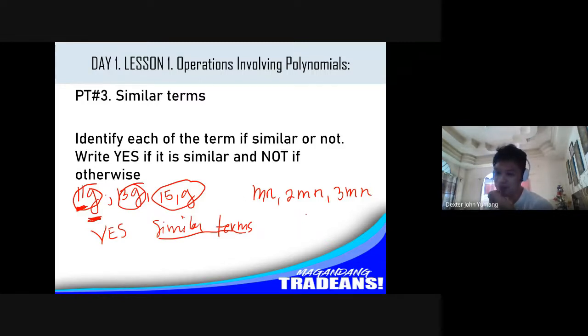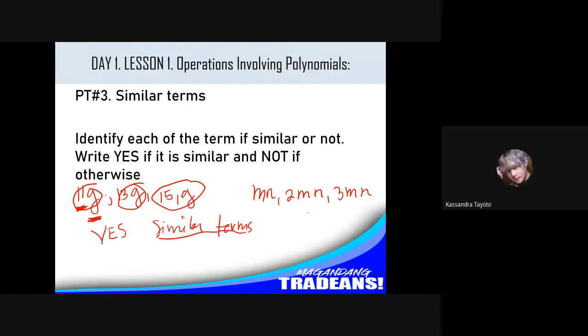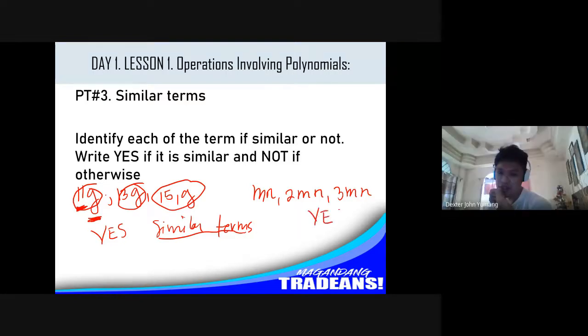Yes or no? Yes, of course. They are the same. So therefore, tawag po dito sa kanila similar terms. Bakit po? Ano pong apelyido, ano pong first name ni MN? Dito meron siyang invisible 1. Kapag wala po siyang number na nakikita, invisible 1 po yan siya. Okay? Ang kanilang literal coefficient or apelyido is MN, MN, MN. Kapag pareho po, yes, they are similar terms.